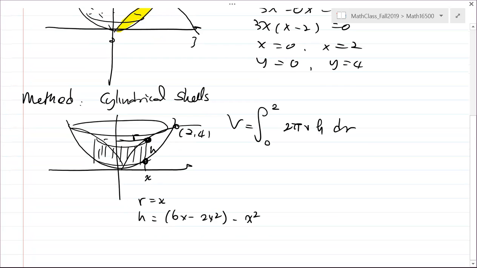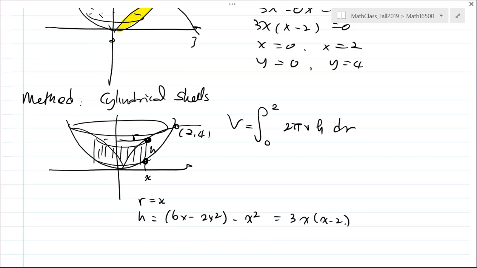Now it's up to you if you want to use the x variable or use the y variable, because r is going to be x anyway, right? So this is going to be 3x(2 minus x), that is 6x minus 3x squared, which gives 3x(2 minus x). So when x equals 2, h is going to be 0.